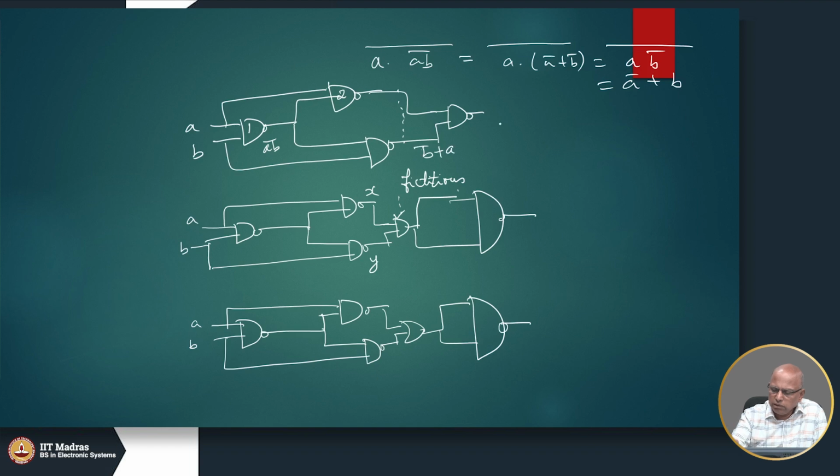And this output will be (A bar plus B) dot (B bar plus A). If you simplify this, you will have A bar B bar, where A bar B bar is 0, and AB.